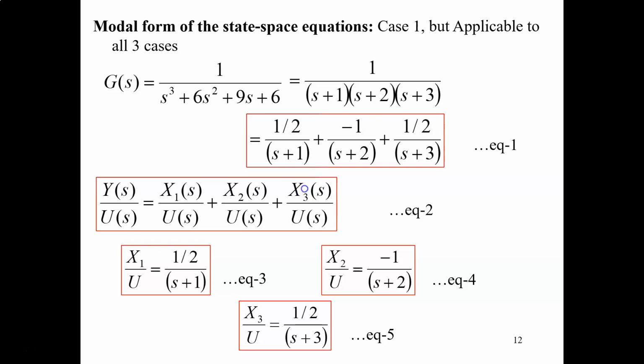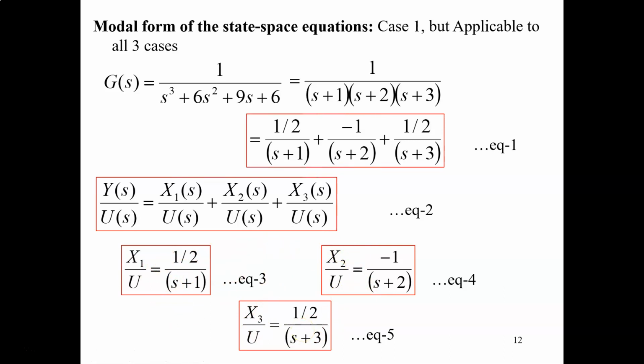And then you just make the first term equal to the first part of the partial fraction, second part to the second part, third part to the third part. If I copy all 3 down, x1 over u equals 1 over 2 times s plus 1, x2 over u equals minus 1 over s plus 2, x3 over u equals minus 1 over 2 times s plus 3. So 3 equations, and now basically I have 3 first order transfer functions.